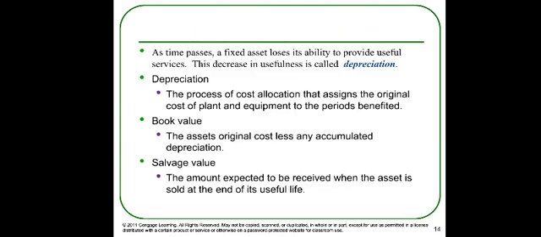As time passes, a non-current asset loses its ability to provide useful services. This decrease in usefulness is called depreciation. Or you can say that if you have a non-current asset, when time passes, the value of the asset will decrease. This year you have this sewing machine at 5,500.